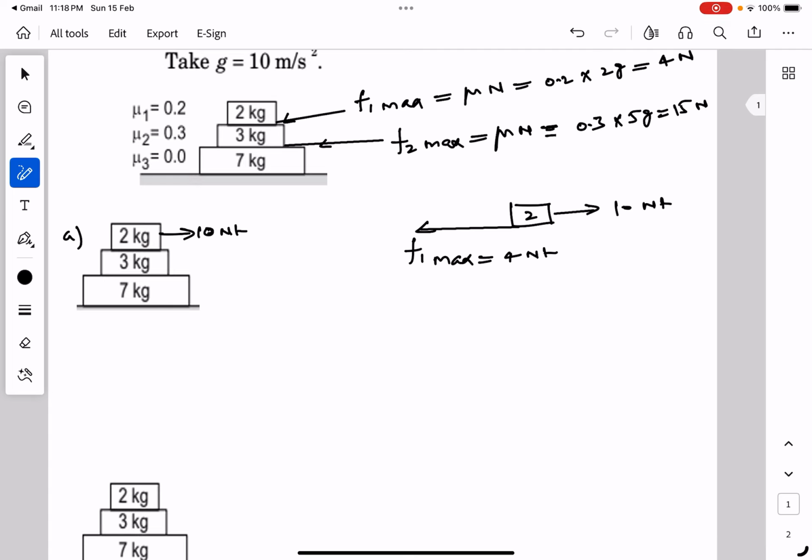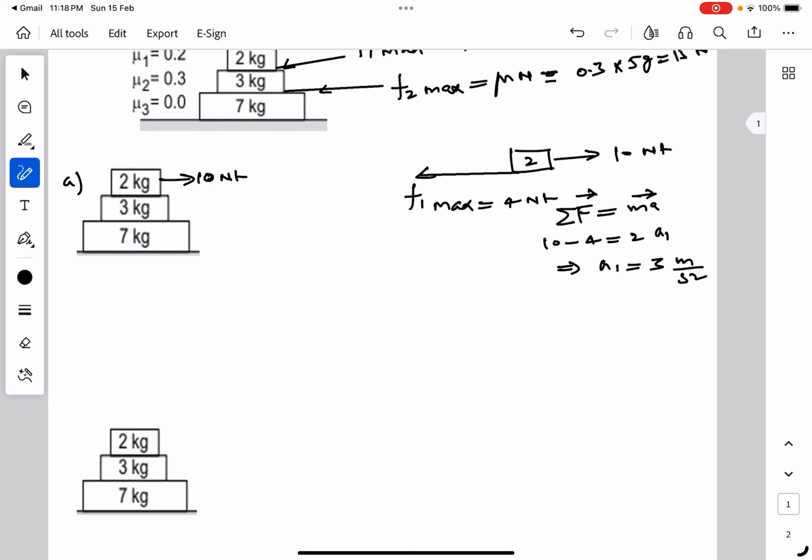Let's find out the acceleration of 2 kg block. The net force is 10 minus 4, mass is 2 kg and acceleration is A1. So this gives us A1 equal to 3 meter per second square. Now let us take 3 kg mass. Frictional forces act in pair.